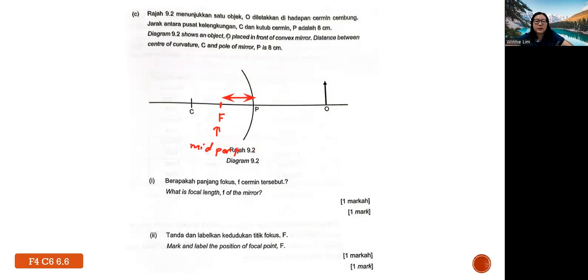Since they tell you this whole distance is x cm, you can just use x divided by 2, then you get 4 cm. They want you to label, so you just put a point, then you put F. A dash also can. Yeah, so this is how you get the answer.